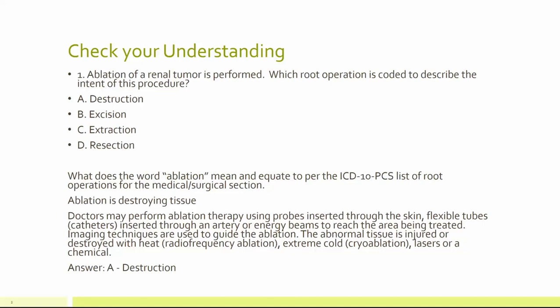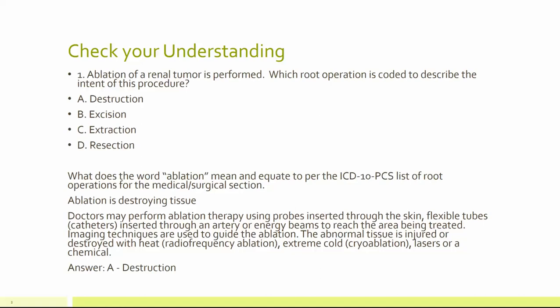Ablation is a type of destruction of tissue. There's different ways of doing ablation. You can do it via heat, which is typically referred to as radiofrequency. You can do it with cold, called cryoablation, or they can use lasers or chemicals, which help to do those types of heat or cold ablation.